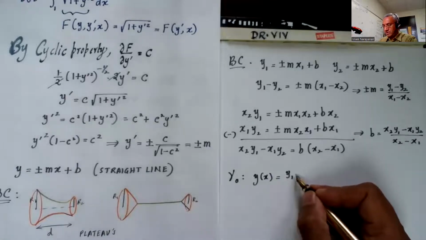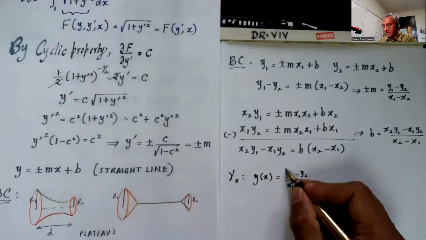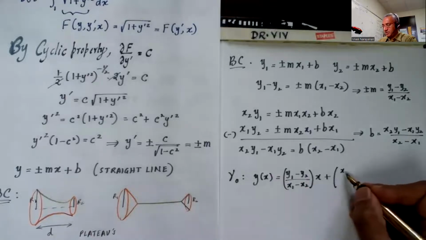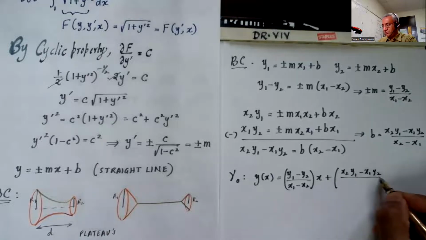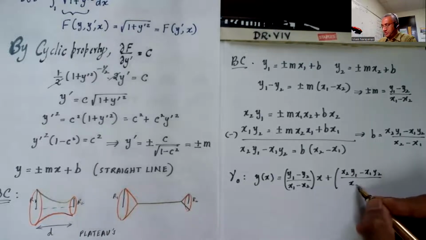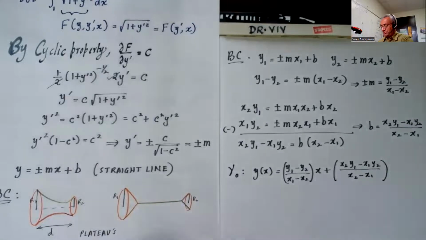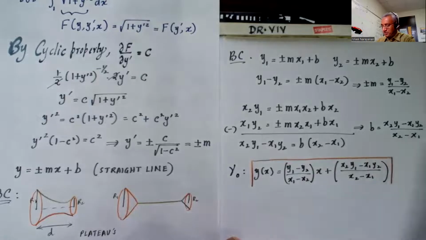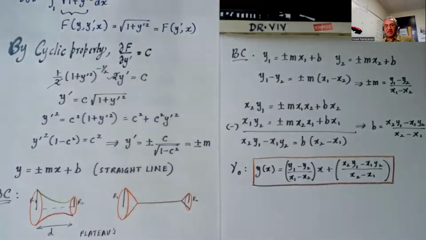It's (y1 minus y2) over (x1 minus x2) times x, plus (x2 y1 minus x1 y2) over (x2 minus x1). So that's our answer to this problem. That's the curve joining the two points, (x1, y1) and (x2, y2), that is the shortest possible.